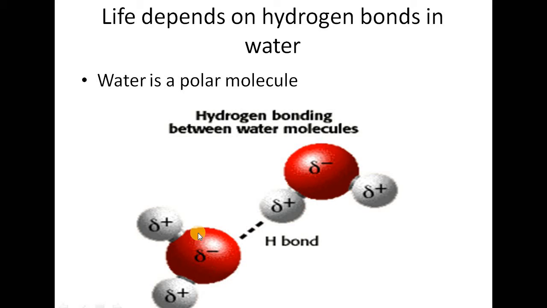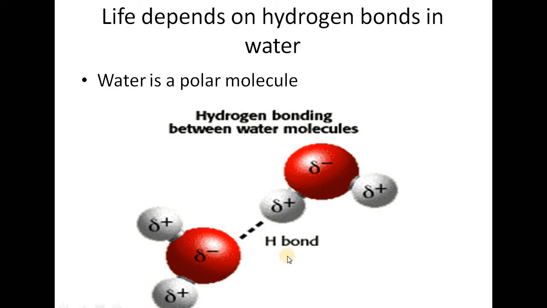The other water molecule has the same thing: a slightly negative charge on its oxygen atom and a slightly positive charge on its hydrogen atoms. They are attracted to each other. This is what forms the hydrogen bond.